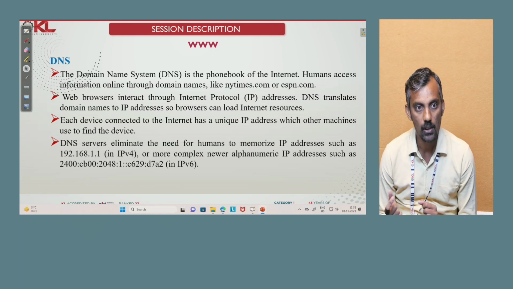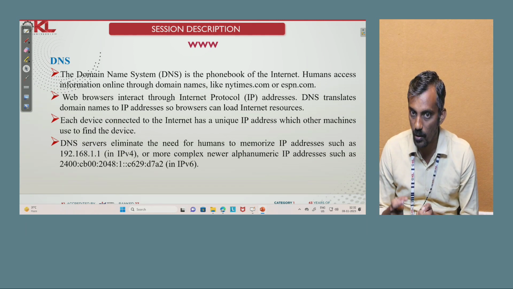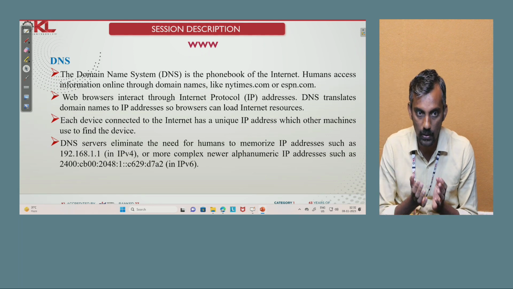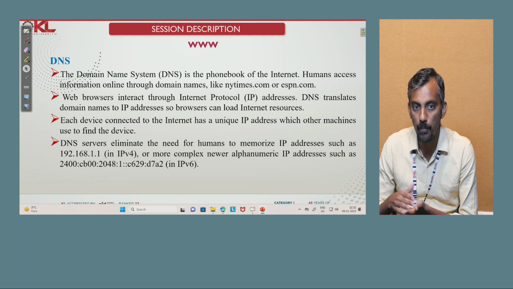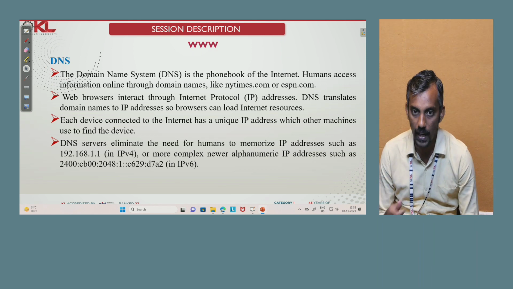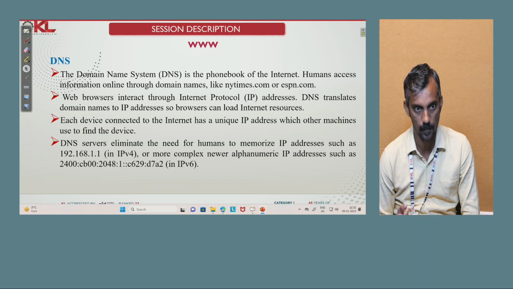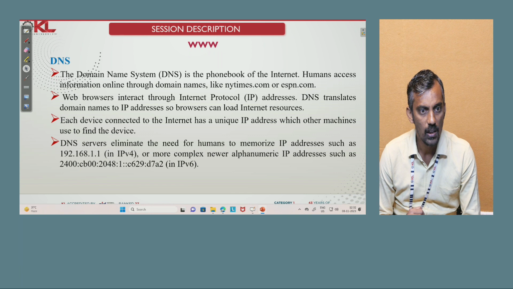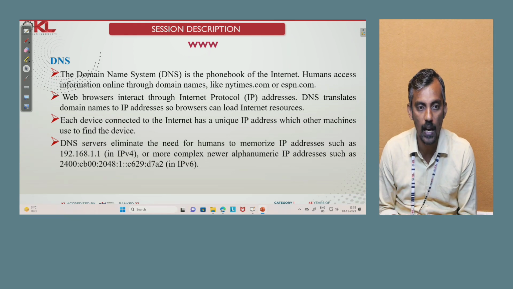The web browser interacts through the IP address, and DNS translates the domain names to IP addresses so the browser can load the internet resource. So DNS eliminates the need for humans to memorize IP addresses.